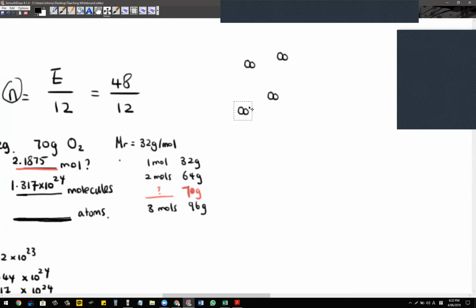Now, in this diagram, how many molecules do I have? There are 5. How many atoms are there then? 10. There are 5 molecules, and there are 10 atoms, right?